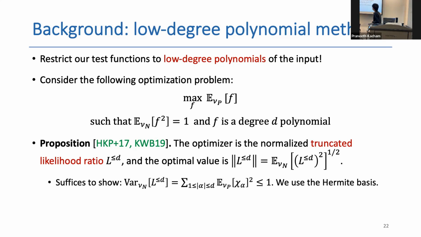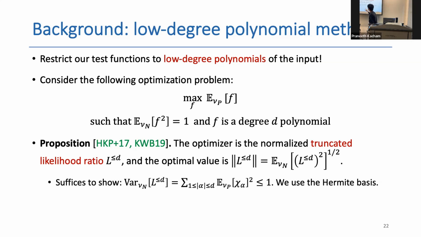This is basically saying that the value of this optimization problem is constant. And when it's constant, the best polynomial cannot distinguish between the null and planted, because the value of f is quite close to each other.